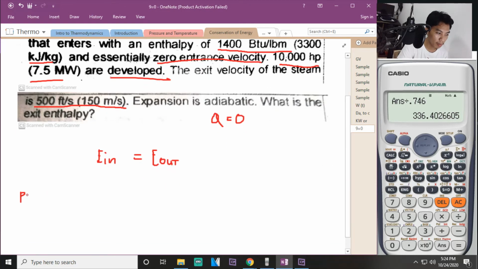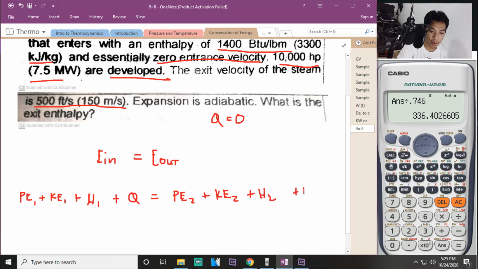So, PE1 plus KE1 plus U. Gawin na natin siyang enthalpy na. H1 plus Q equal to PE2 plus KE2 plus H2 plus work.